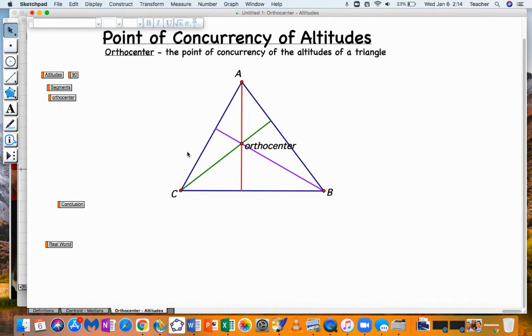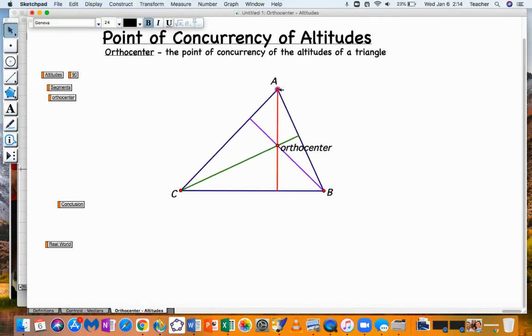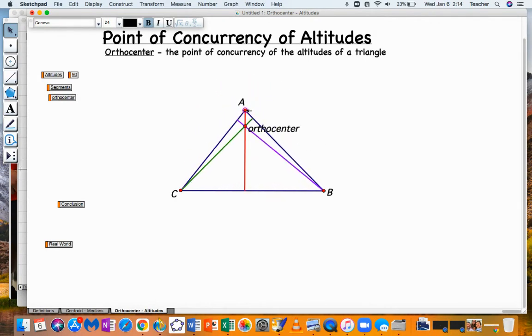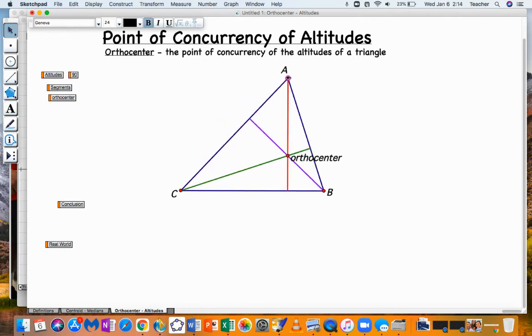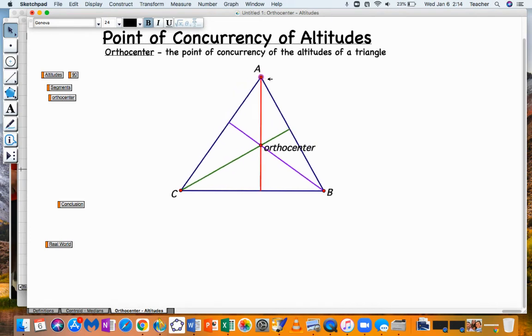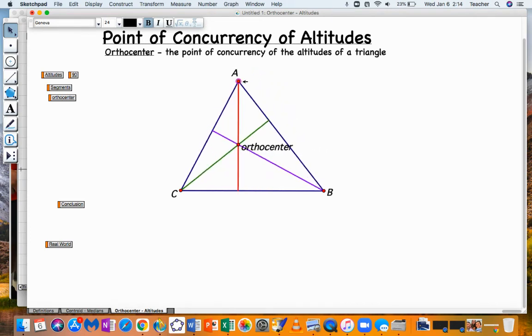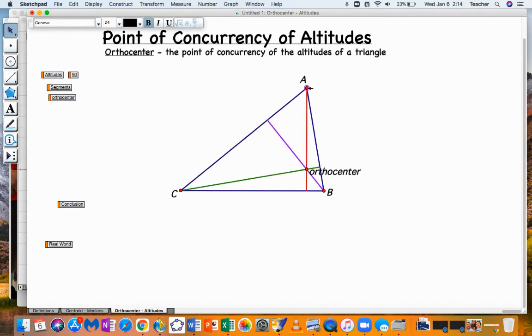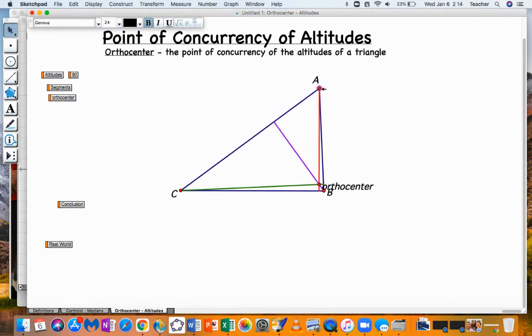So right now we have an acute triangle. All these angles are acute. And as I move this and keep it an acute triangle, what's always going to happen? Well, the orthocenter in an acute triangle is always going to be inside. But I think you see, as I keep moving, that point is getting closer and closer to the side. Now, let's say that is a right triangle.